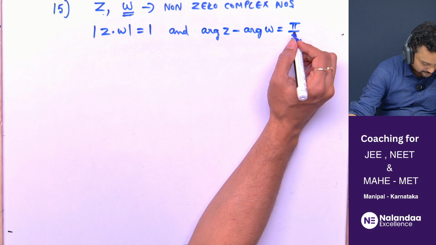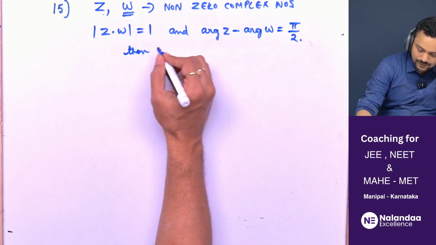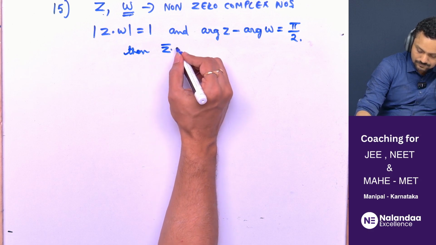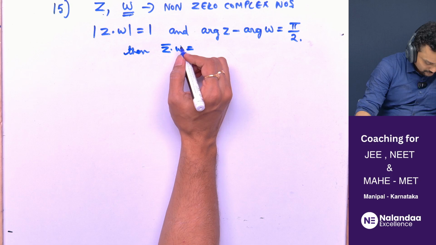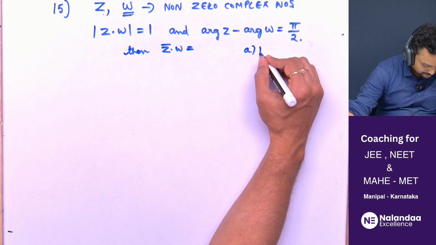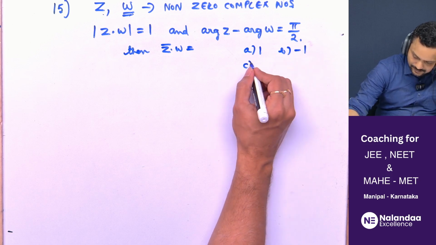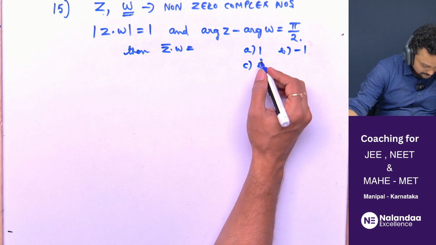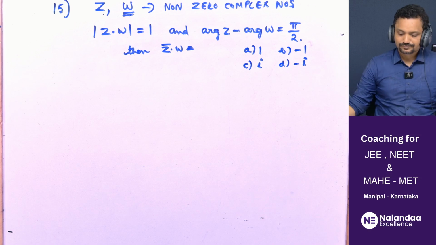Then the question is, what is z bar into omega? The options are A 1, B minus 1, C i, D minus i.